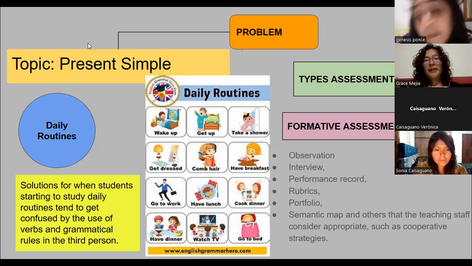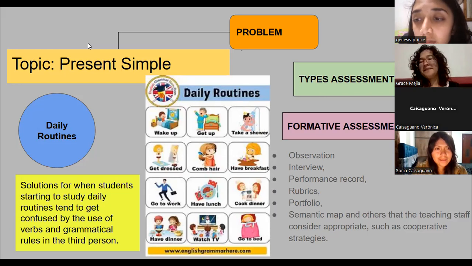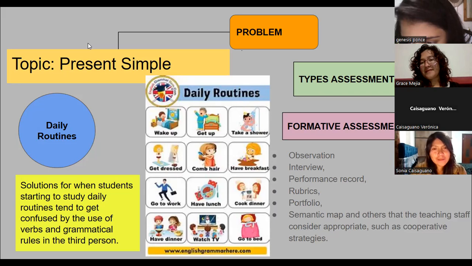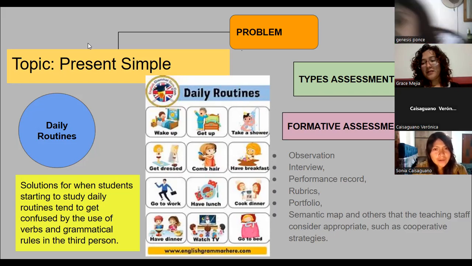That is good, but Vero, tell me, how can you apply the formative assessment in the daily routine? I consider the formative assessment is necessary to know how far the students understood based on the way they have learned and to look for constructive learning methods.